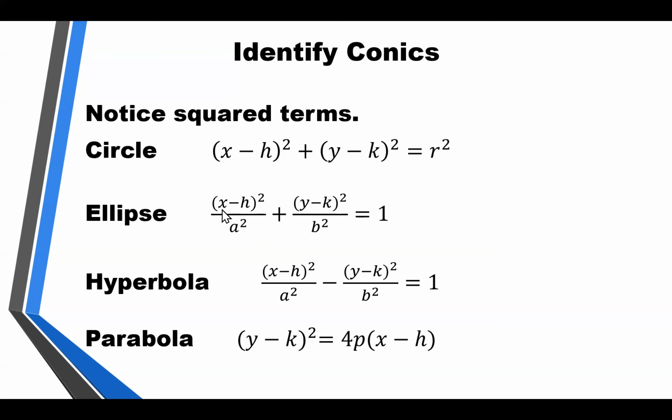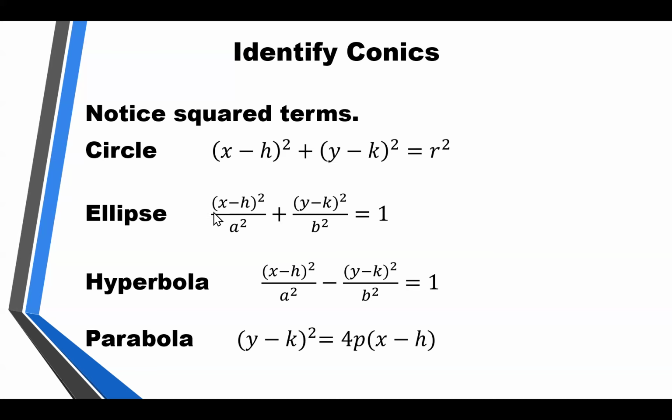So if the x squared and y squared terms are on one side of the equation and their coefficients are both positive, then I'm dealing with, and not the same, not identical, because that would be a circle. If they're both positive but not identical, then I get an ellipse.